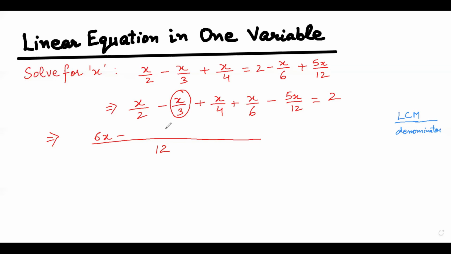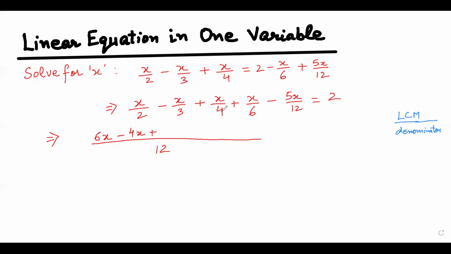We divide 12 by the denominator, which in this case is 3, and we get 4. The minus sign is copied as it is, and we write 4x. The 4 is the result of LCM over denominator.